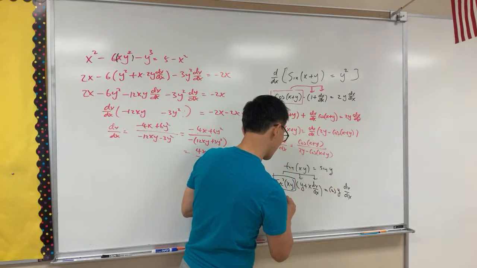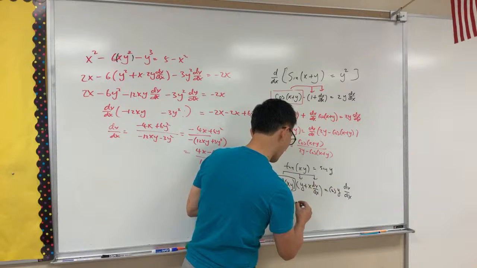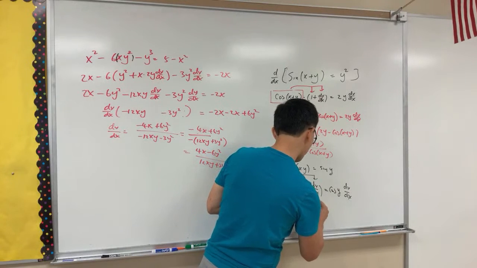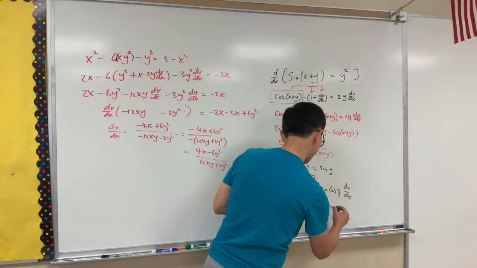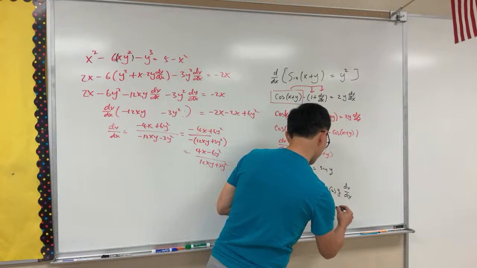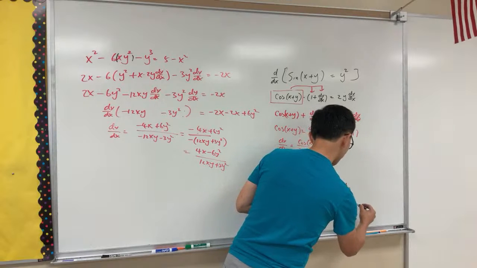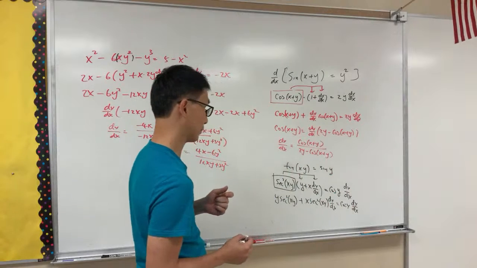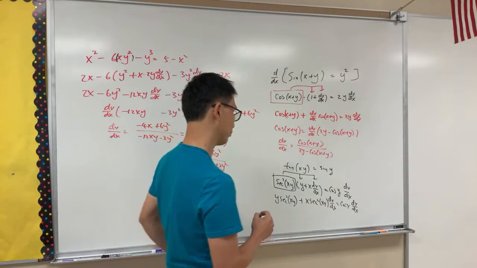So that is going to be y secant squared of xy plus x secant squared of xy dy dx is equal to cosine of y dy dx. Did I go too fast? I move to the other side, factor out dy dx, I'm done.